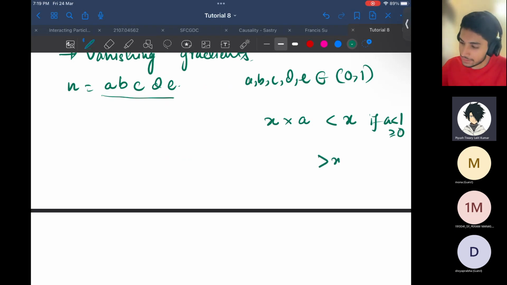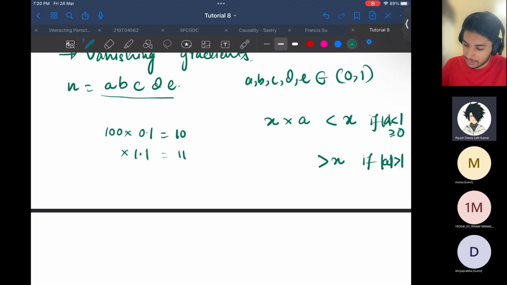It will be greater than x if mod of a is greater than 1. It is something very simple. Let's say you had 100. If you multiply 100 by 0.1, it gives you 10, which is less than 100. If you multiply it by 1.1, it gives you 110, which is greater than 100. Something very similar.